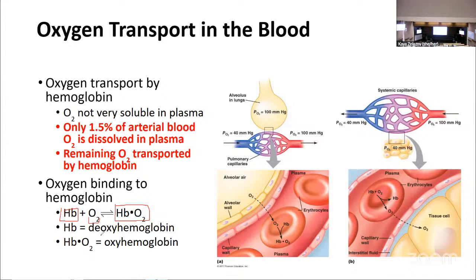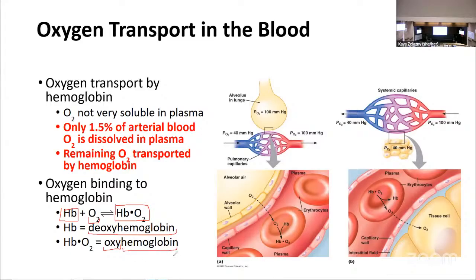We also have written English words we can use for these compounds. Hemoglobin on its own is deoxyhemoglobin: deoxy, no oxygen, hemoglobin. And hemoglobin bound to oxygen, straightforward, is oxyhemoglobin, two things bound together.